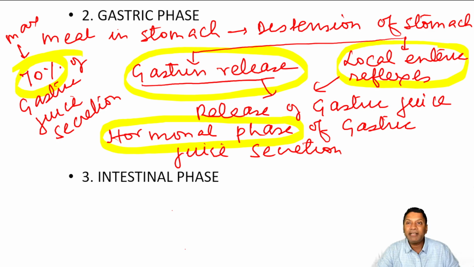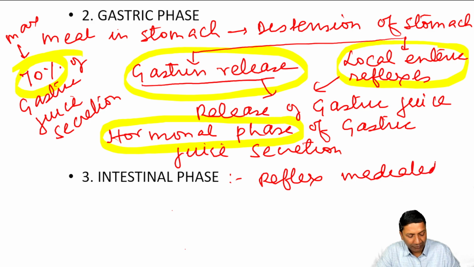The third phase is the intestinal phase of the gastric juice secretion. Intestinal phase means when the meal is after the stomach, that is, in the duodenum or in the other parts of the small intestine. This intestinal phase is purely reflex mediated, right?